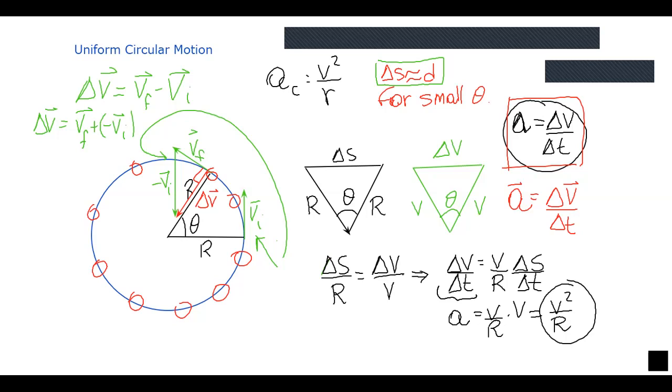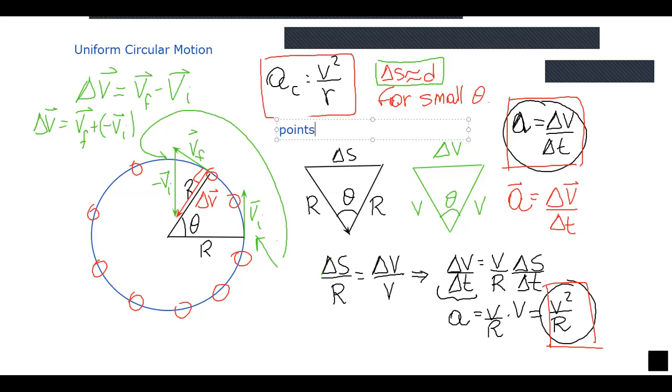We know from this expression here that the magnitude of the centripetal acceleration is always equal to V squared over R, as we claimed at the beginning. And this geometric argument here also shows that A C always points radially inward, or in other words, towards the center.